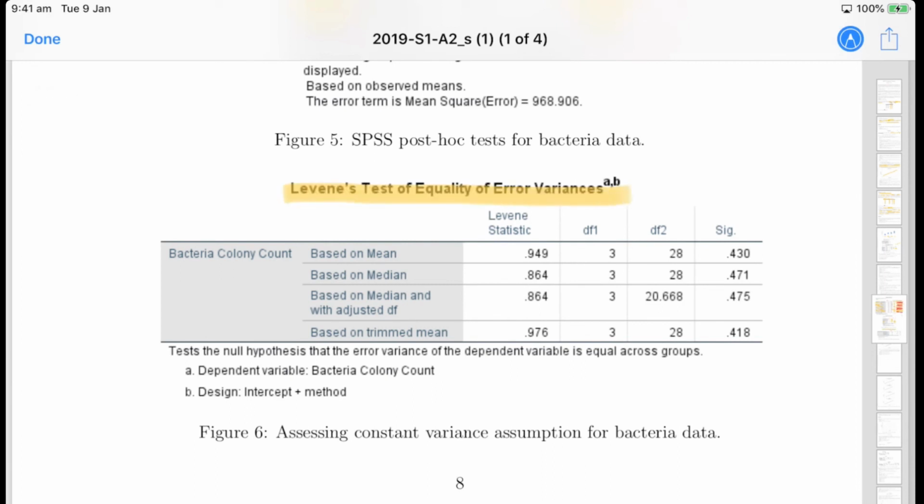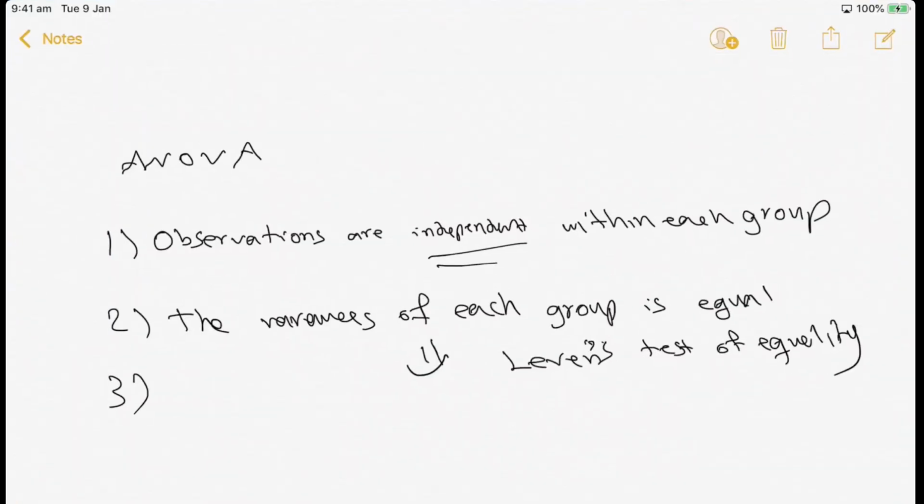Note that the null hypothesis is that the variances are equal. And the p-value that we've got here is 0.430. The p-value is 0.43, I guess.